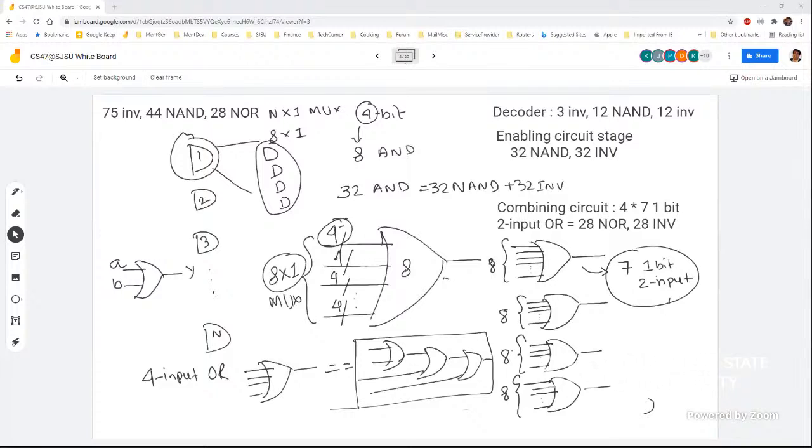Another thing can be like this. This is a 4 bit 2 input OR, which essentially means, if you want to construct this one, let me take another page to explain.